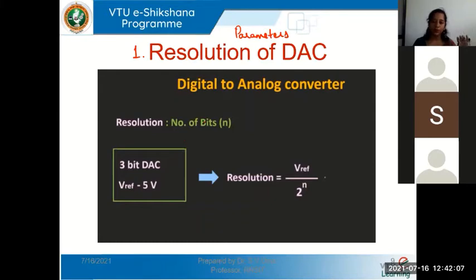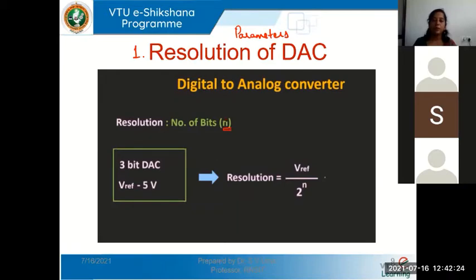We can also talk of resolution in those terms, but very often we define resolution as the DC reference voltage Vref divided by 2 to the power of n, where n represents the number of bits.